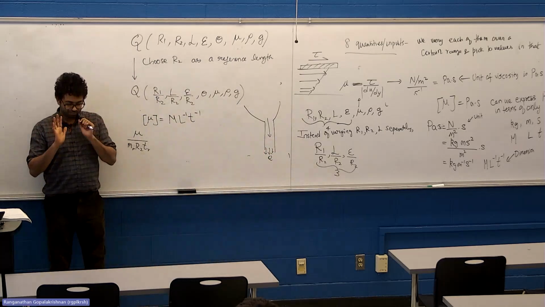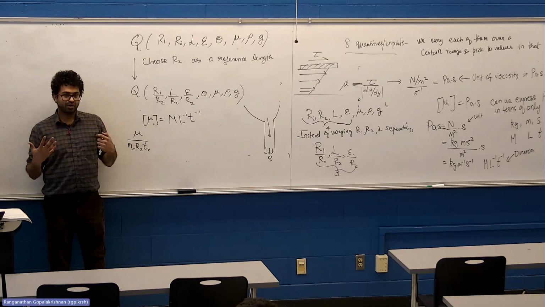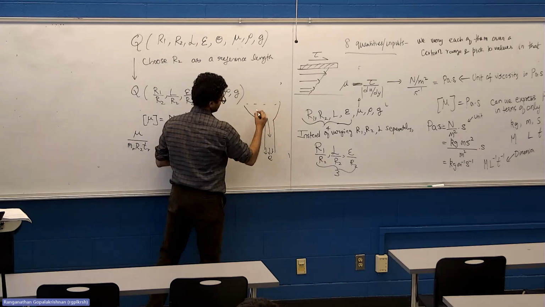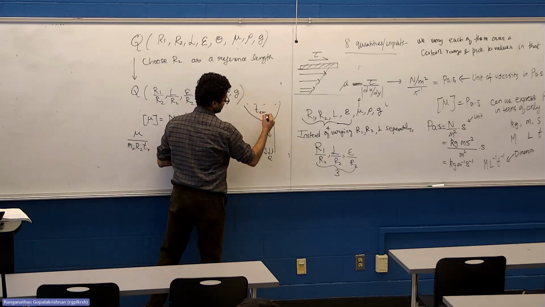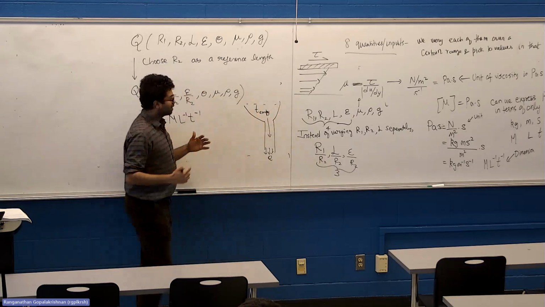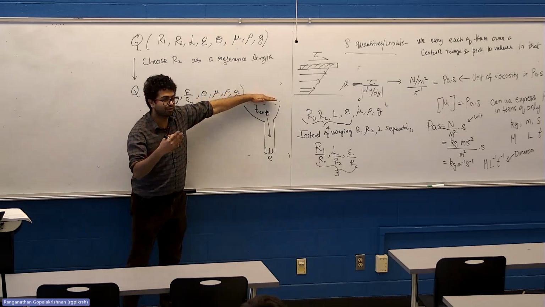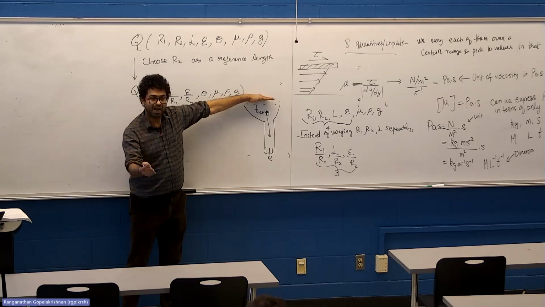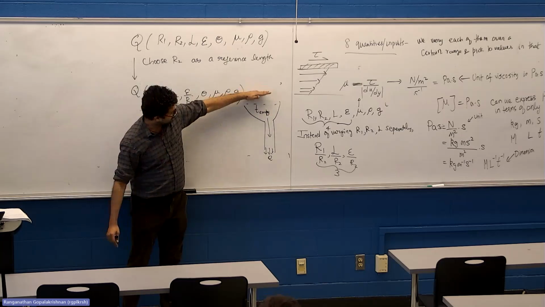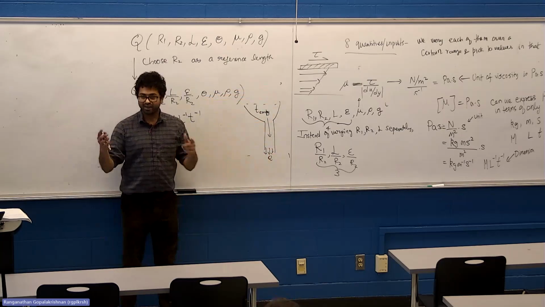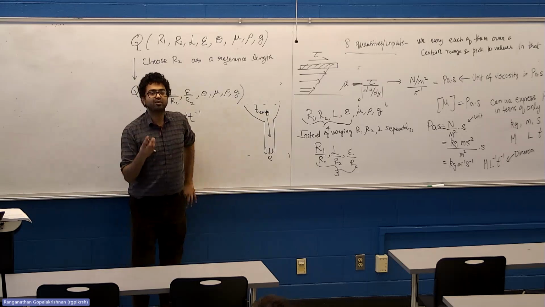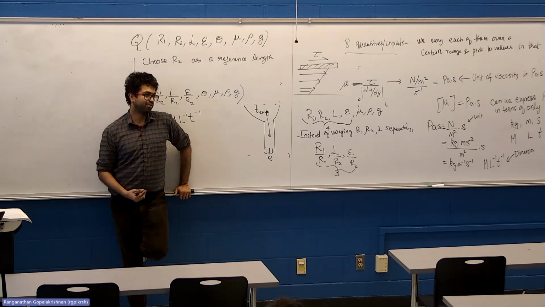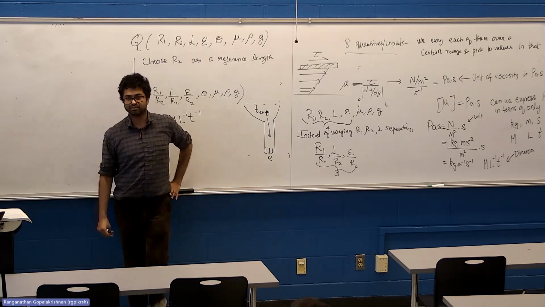If I ask you just in your gut, if I ask you to think about the time taken for emptying the funnel, time to empty, for the groups that are doing the unsteady experiment, you fill it up from that instance to the time when all the liquid has fully flown out, it will take some time, right? What is a good way to think about that time? What is the quantity that will set the time? That how quickly this thing discharges?